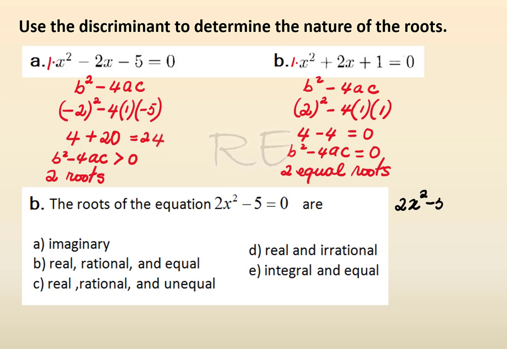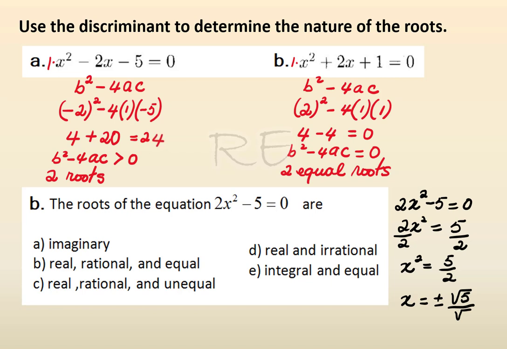2x squared minus 5 is equal to 0. When we add 5 to both sides, 2x squared is equal to 5. We divide by 2. X squared is equal to 5 over 2. And x is equal to plus or minus square root of 5 over square root of 2.